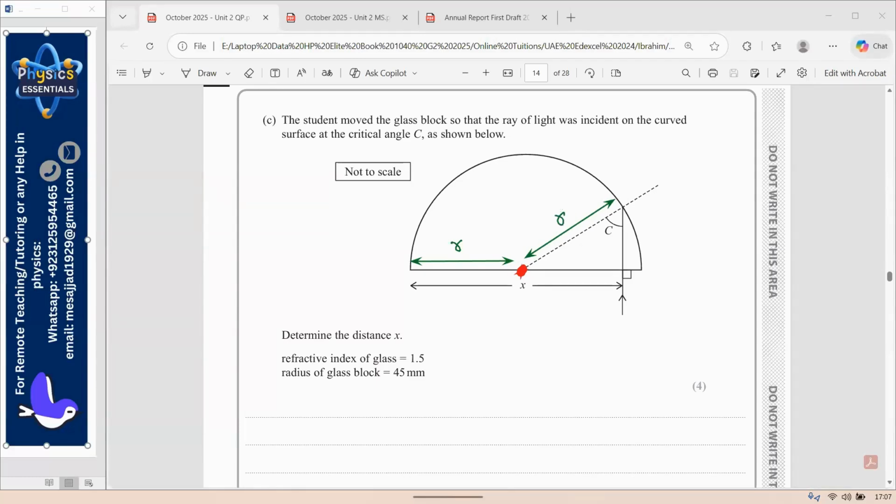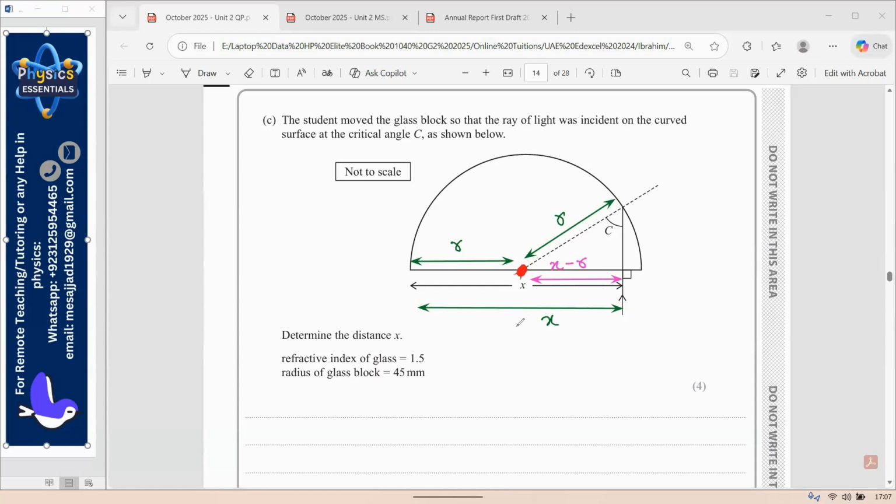However, this distance is x, which is given. So this distance is x. And if this distance is x, what about this distance in pink? This should definitely be x minus r, right?